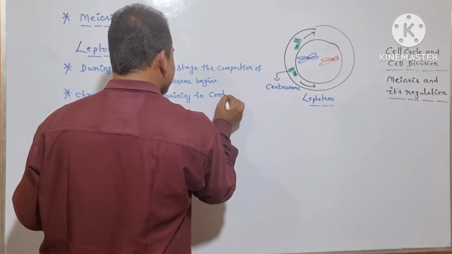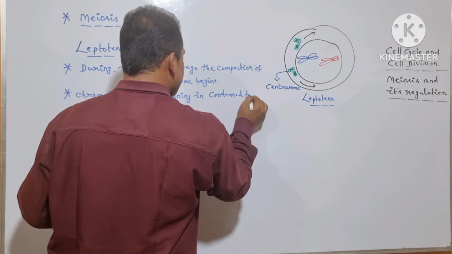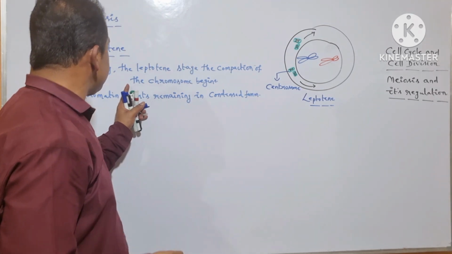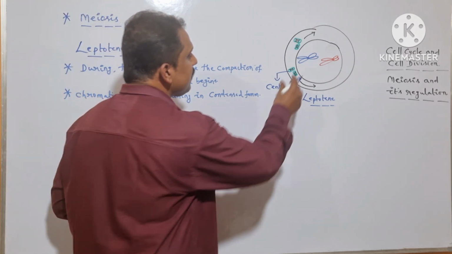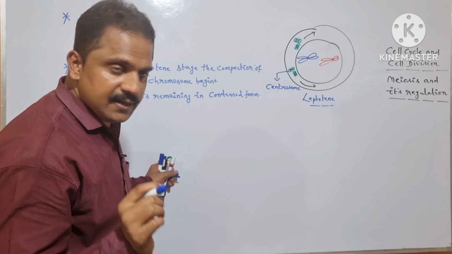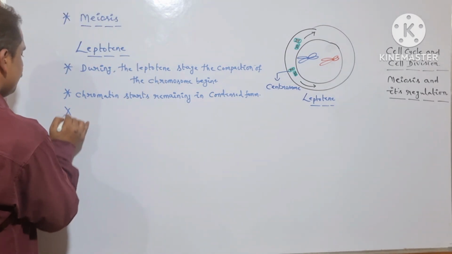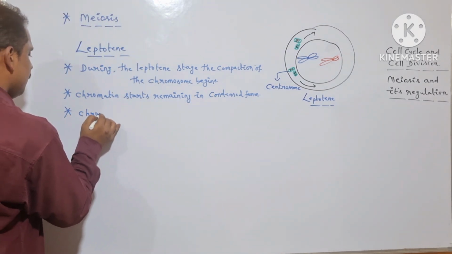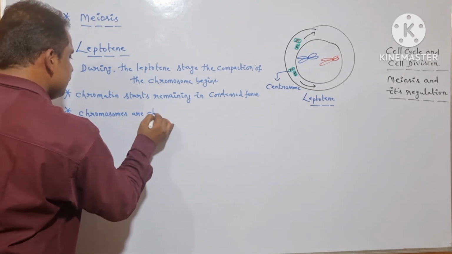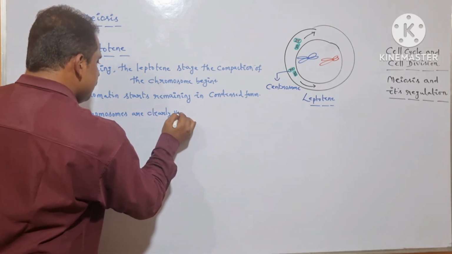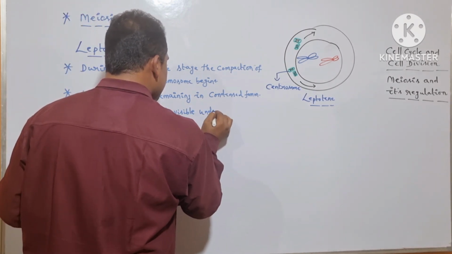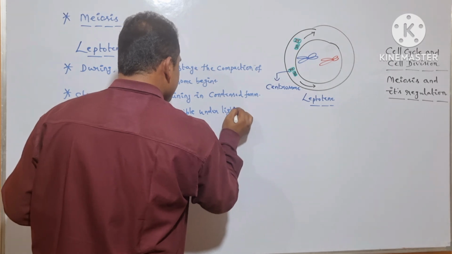Right? Because of the condensed form of the chromatin material during the leptotene stage, these specific chromosomes are clearly visible under light microscopic observations. Is it clear? Chromosomes are clearly visible under light microscopic observations.